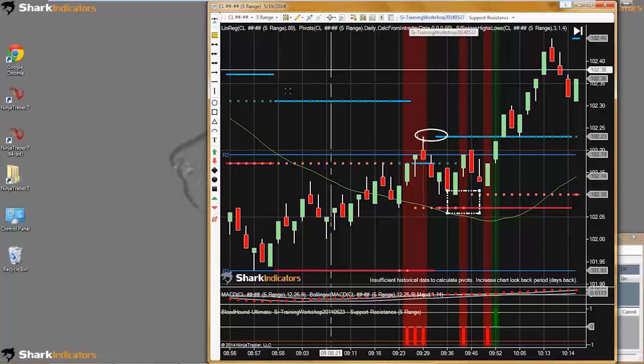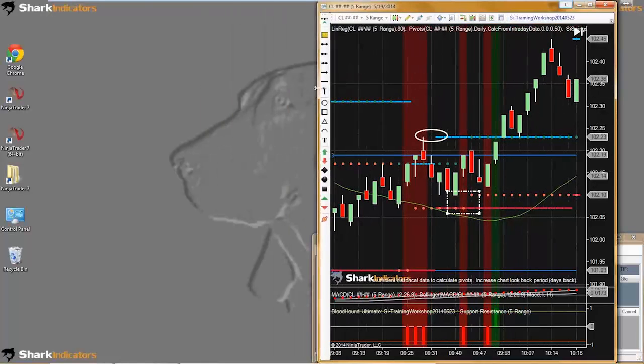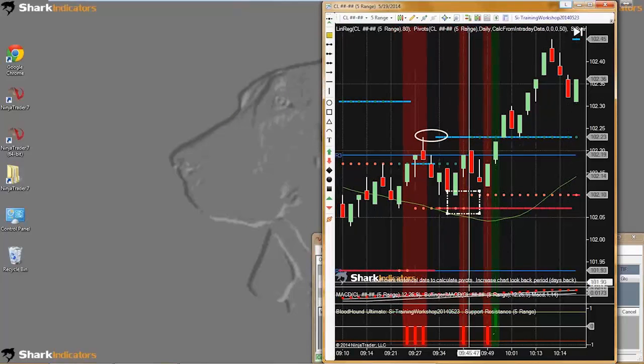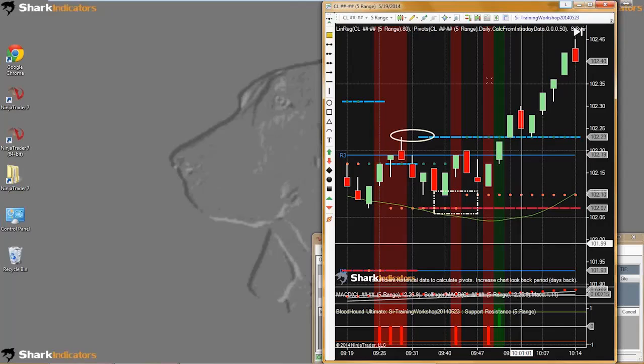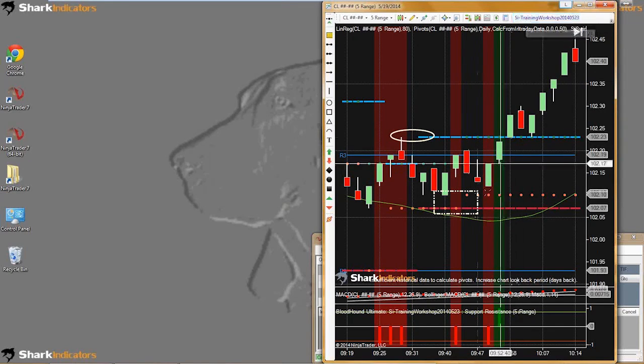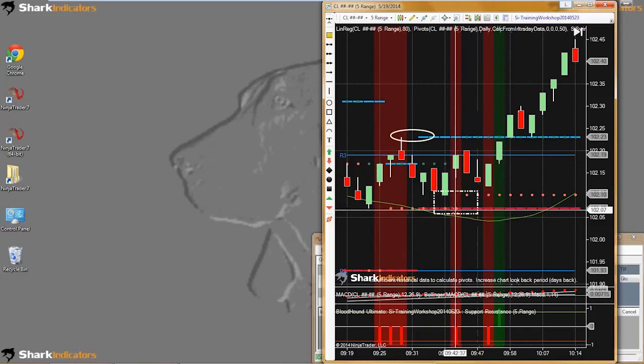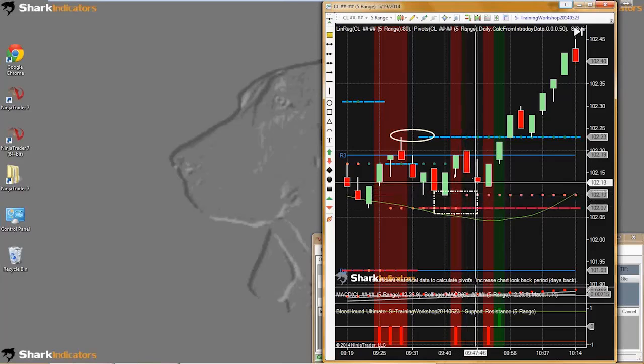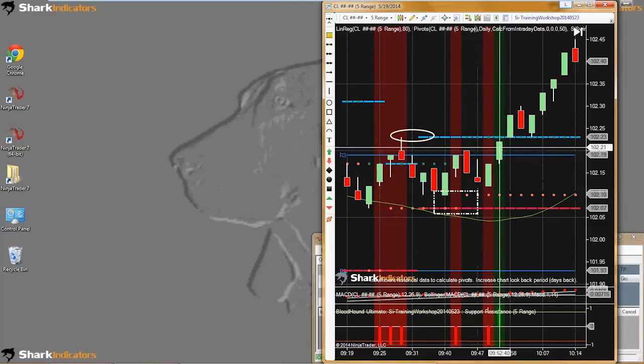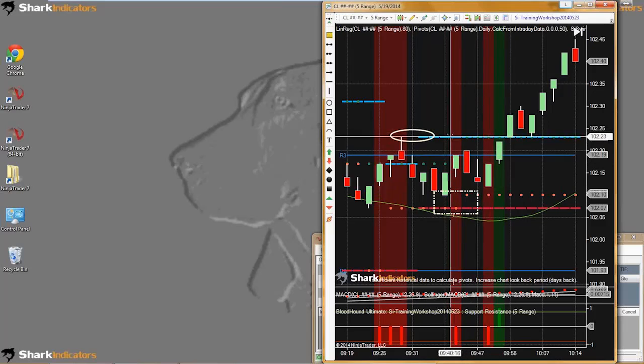To set this up, let me shrink my chart up a little bit. First we'll look for the condition of the dots stepping up, and then we'll look for price crossing the swing indicator plot.